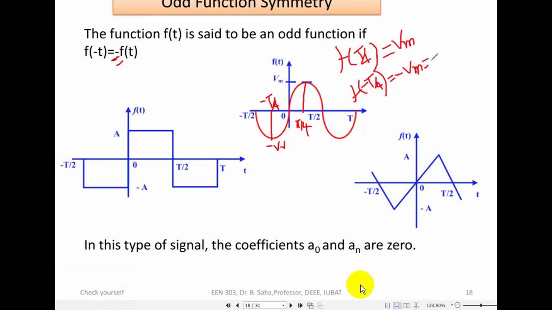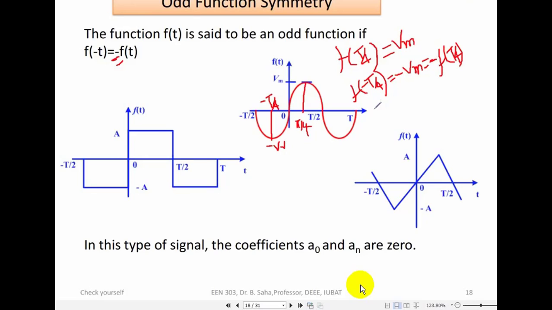So can we write minus f of T by 4? So there is a minus sign in front of the f of T.